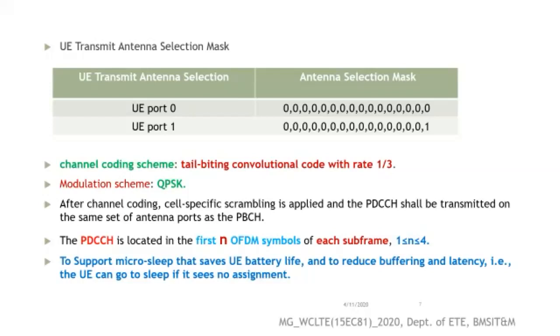That will save the user equipment battery life, and it also reduces the buffering and latency delay. It means the user equipment can go to sleep if it sees no assignment. That is the purpose of using the first few OFDM symbols of each subframe for the physical downlink control channel.